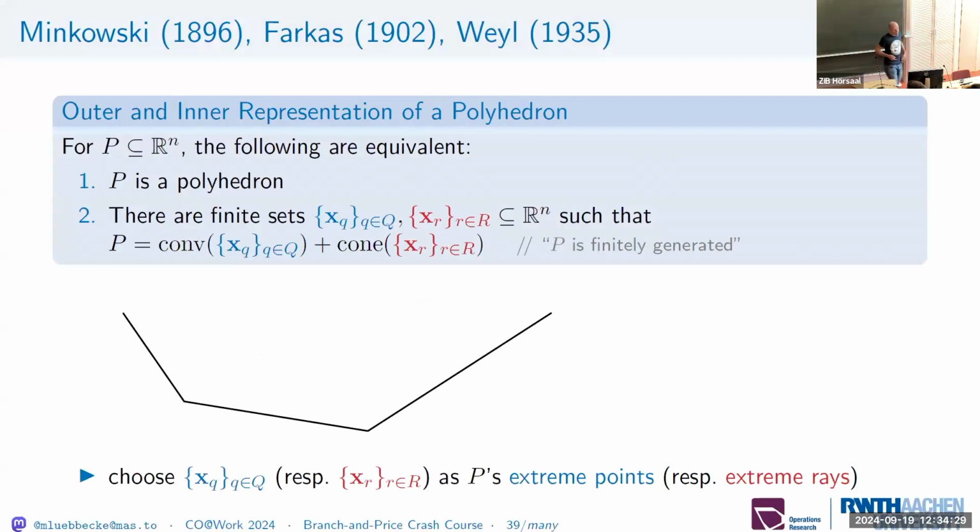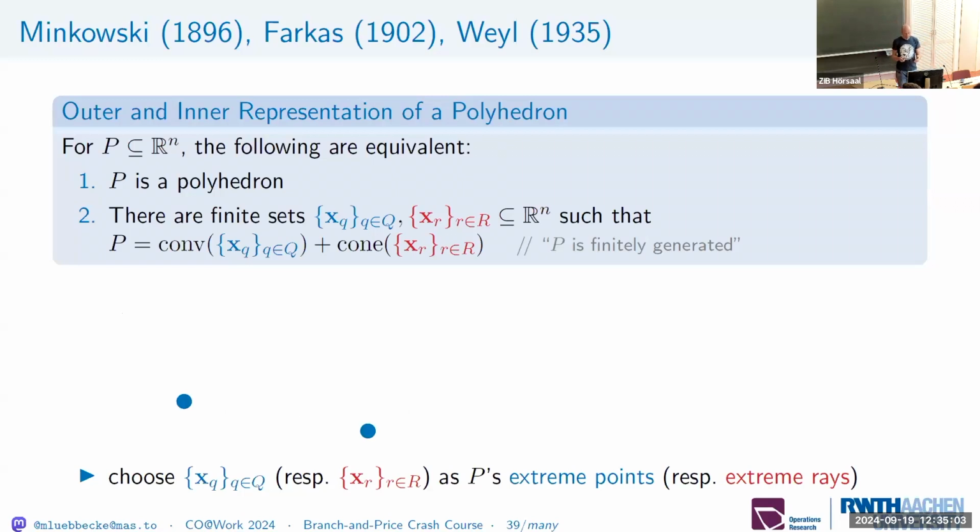So these three guys, Minkowski, Farkas, and Weil, had observed and proven that there are two different representations of a polyhedron. The standard form, the one that we know, the outer representation by finitely many linear inequalities, or closed half spaces, or equivalently as the convex combination of all the finitely many extreme points, plus Minkowski sum, plus the non-negative combinations of all the extreme rays.